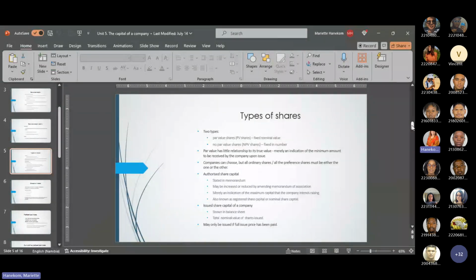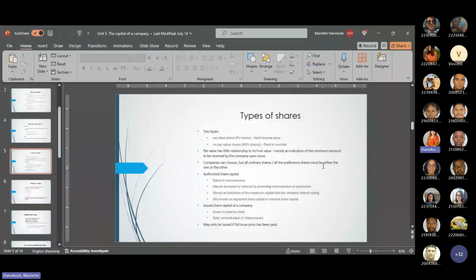So when a company is registered, one of the items of content that is included in the memorandum. Remember what the memorandum is. That's the founding document that contains certain important information.